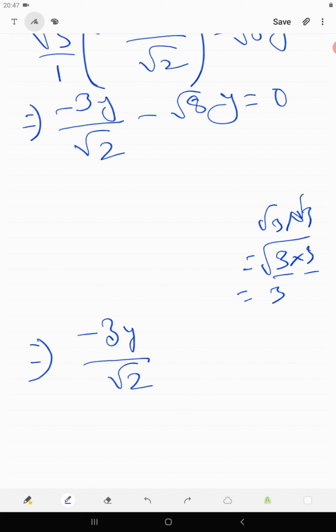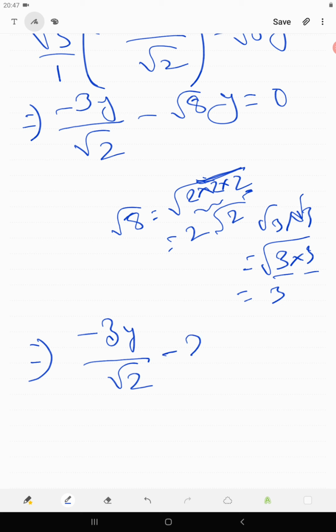Okay, so root 8y, so root 8 we can write as root under of 2 into 2 into 2, correct? So you can see that there is a pair of 2, so 1 will come outside. What is remaining inside is single 2. So root 8 is nothing but 2 root 2. So I can write it as minus of 2 root 2 y equals to 0.